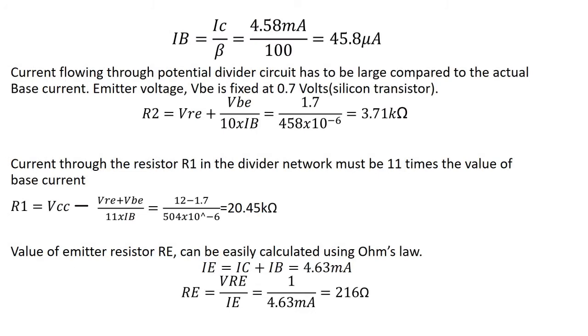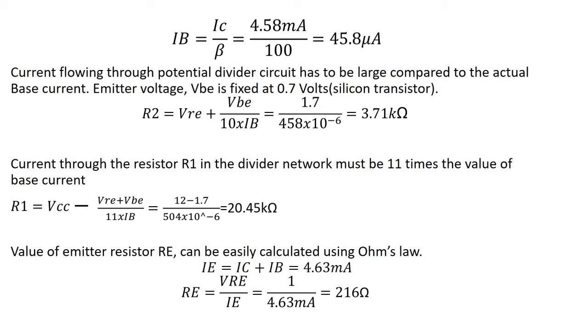The collector current of the transistor equals the DC gain of transistor times the base current. So the base current value will be equivalent to 45.8 microamperes.